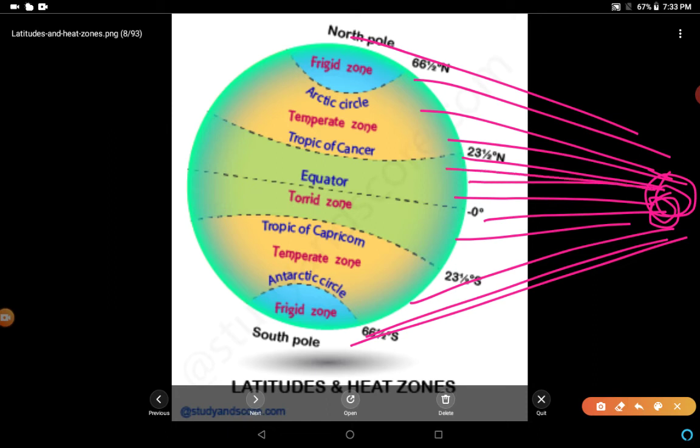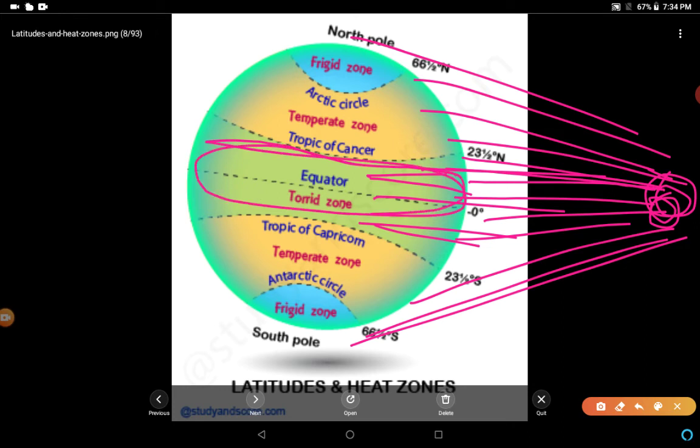The sun rays on this part of the earth are coming directly on a straight surface, right? And in this way, bright, and they cover a smaller area. Clear?